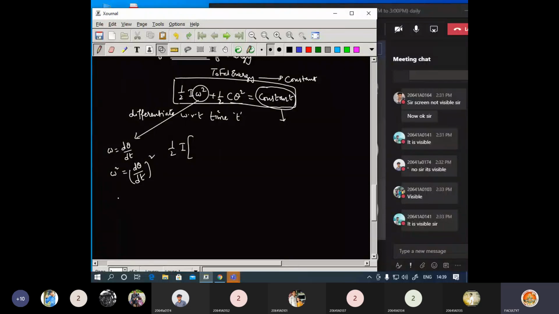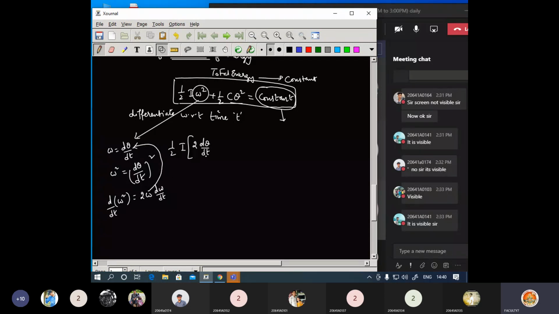Now d by dt of omega square will be equal to 2 omega into d omega by dt. So here you are going to get 2 d theta by dt, omega, instead of omega it is this.